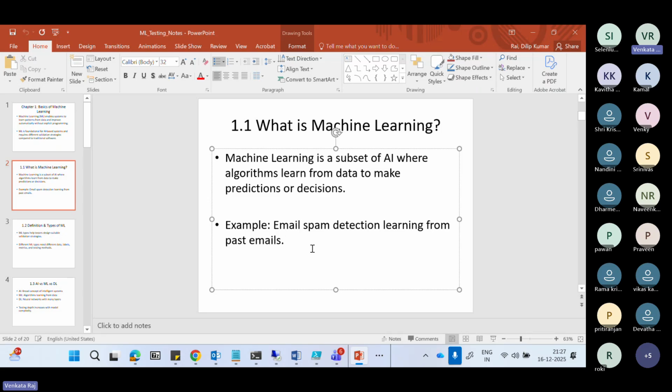I'll give you a supervised learning example: if spam emails have a lot of discount words or grammatically incorrect words, then it is spam. We trained the model on input and output data. Output data is whether it is spam or not. Input data is all the features we are feeding in. Based on that, the machine learning will predict whether a new email that comes in is spam or not. We'll take this example specifically in our classes.